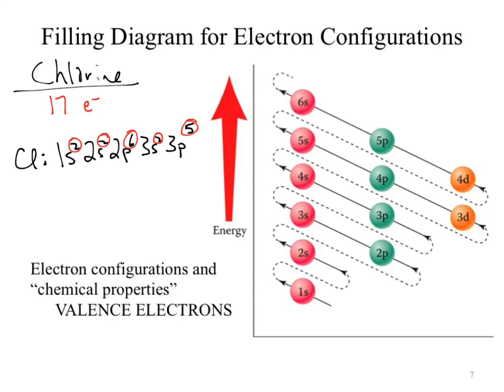For the 2p orbital, how many orientations are there? 3. So that 2p represents 3 orbitals. Before we can jump up to the next energy level, we must fill all 3 of those orbitals.